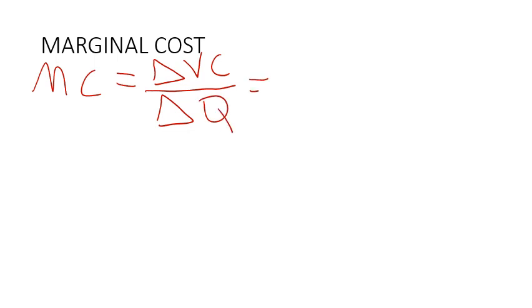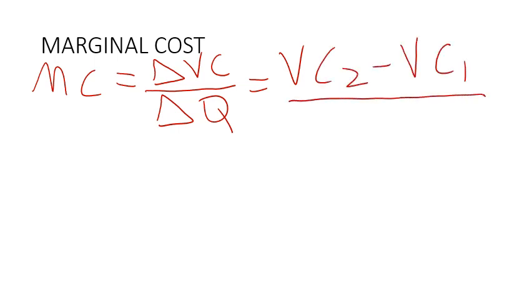Marginal cost, the second definition. Marginal cost is equal to a change in variable cost divided by a change in quantity. Another way put, VC2 minus VC1 divided by Q2 minus Q1. In this approach, what does marginal cost measure?